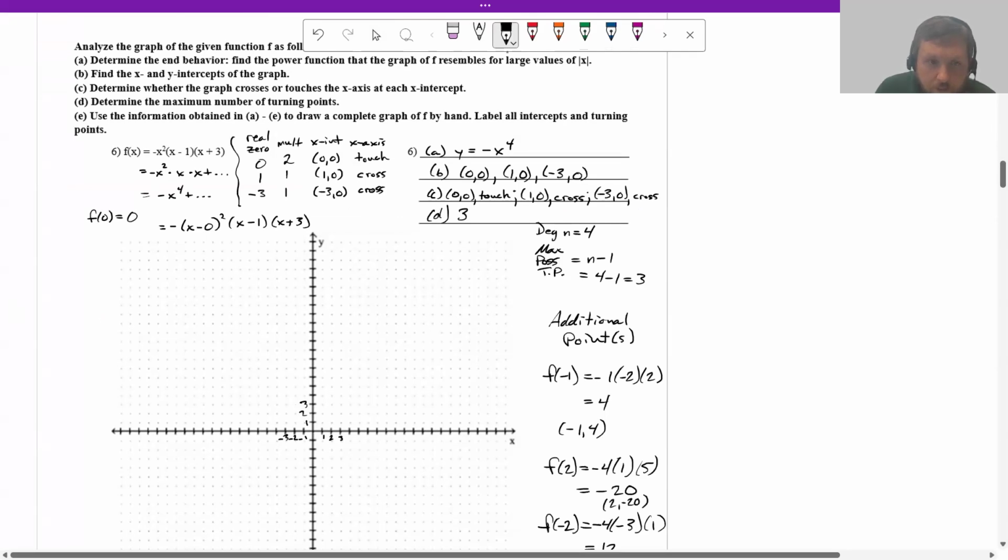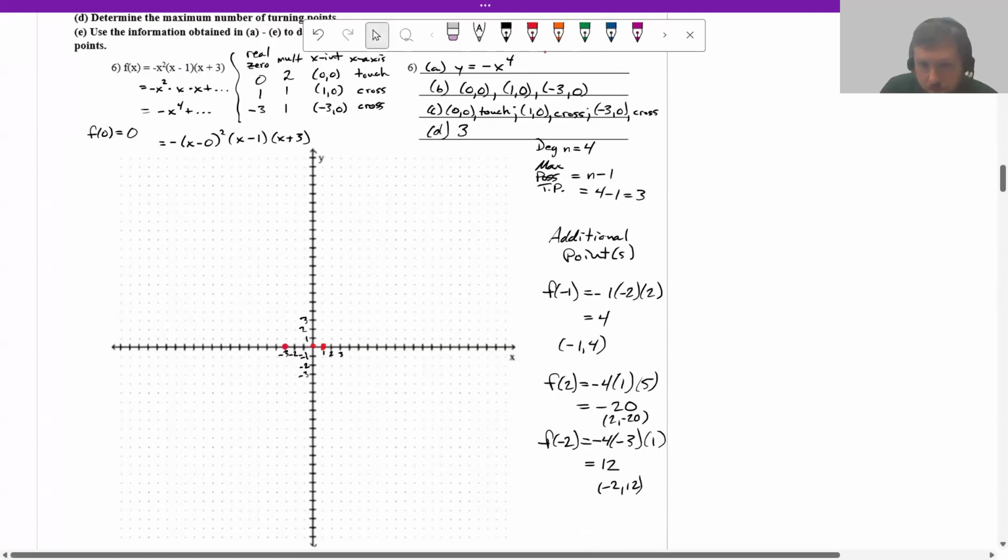If you're changing the scale, I definitely want to know what you're changing it to. All right, let's get some of these points in. So we have 0, 0, 1, 0, -3, 0, and we had some additional points.